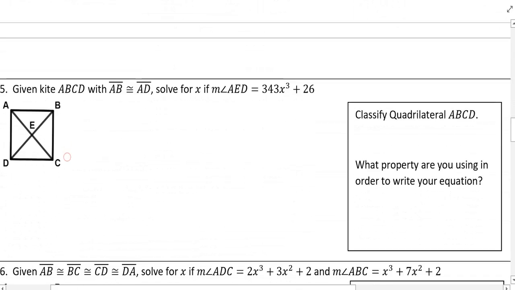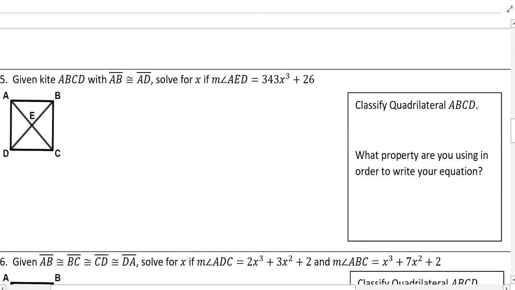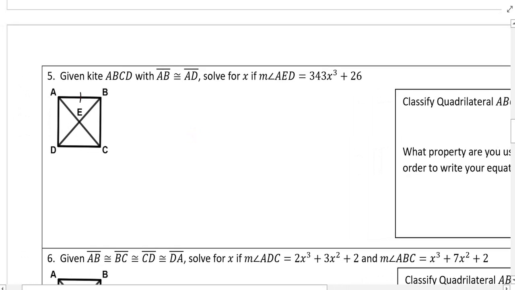Number 5, we're told it's a kite, and a kite such that AB is congruent to AD. So that means that DC and BC would be congruent, and the opposite sides would not be congruent. That's what we get from the definition of a kite. And we're talking about the measure of AED.